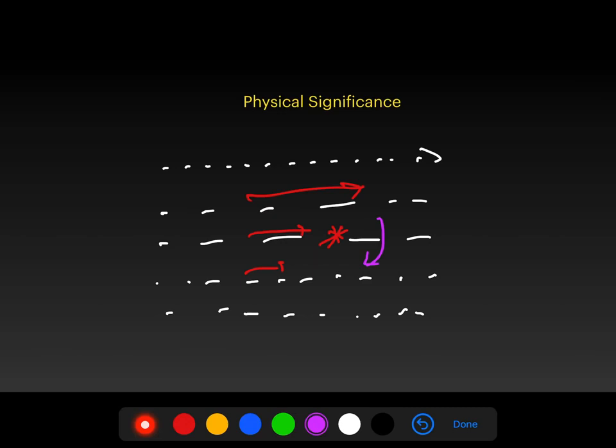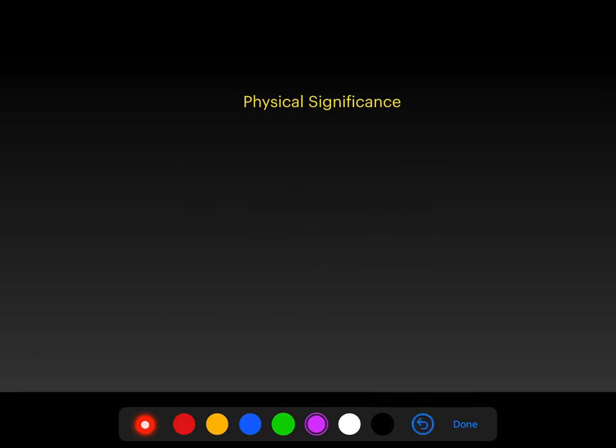So, here you will get curl V bar equal to twice the angular velocity, 2 omega.